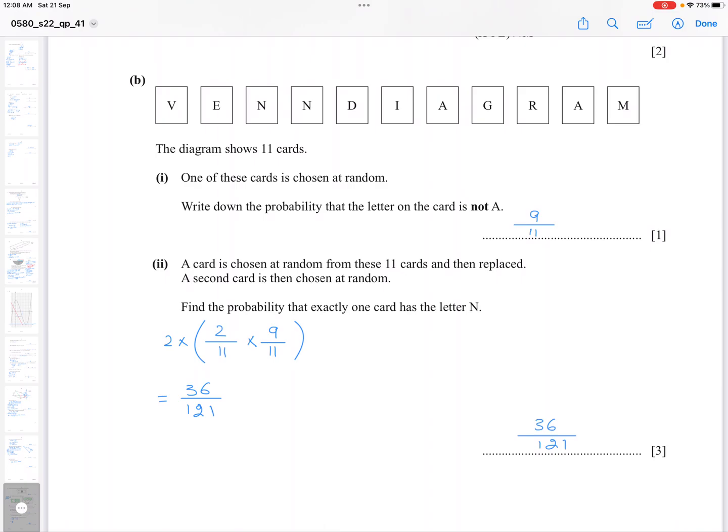So 2 over 11 into the rest are 9. So 9 over 11, and this can be done in other way also. If you pick the one card from the other 9 cards, so you could have written 9 over 11 times 2 over 11. So instead of doing that, you can just multiply by 2 and you can get the probability.